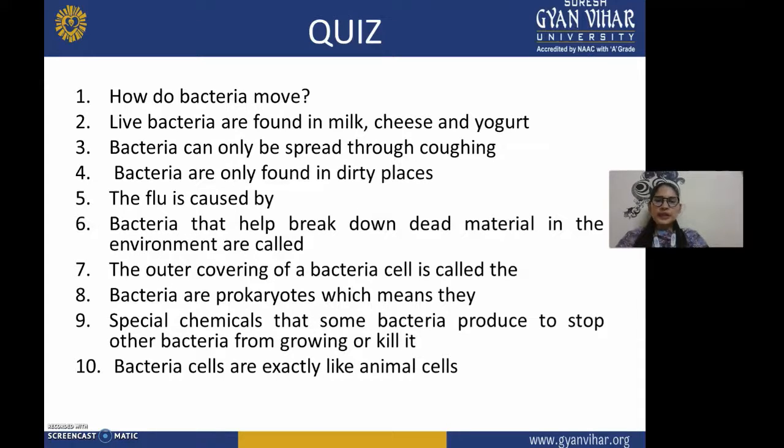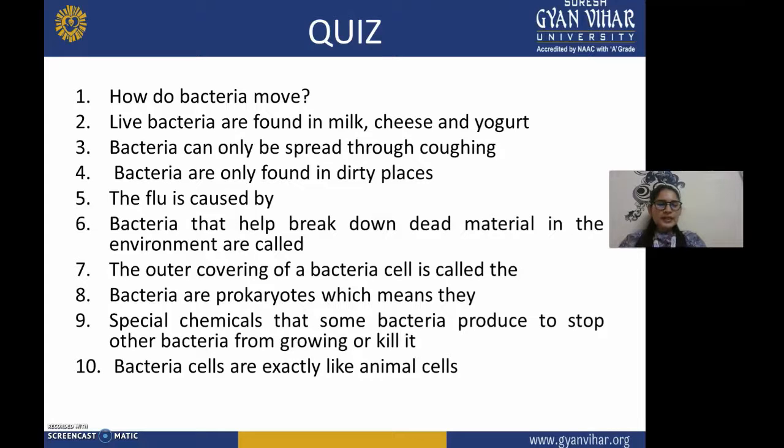You can easily answer these questions while going through the lecture. How does bacteria move? Live bacteria are found in milk, cheese or yogurt. Bacteria can only be spread through coughing. Bacteria are only found in dirty places. The flu is caused by bacteria. Bacteria that help break down dead material in the environment are called what? The outer covering of a bacterial cell is called what? Bacteria are prokaryotes, which means they what?